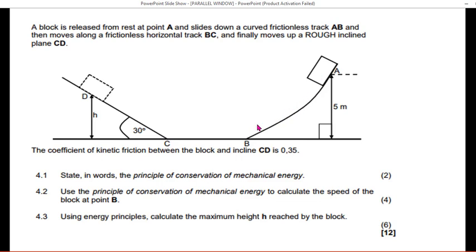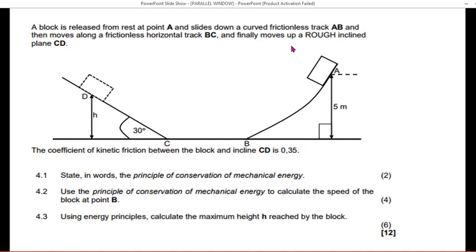Hence, here mechanical energy is conserved, and that is why it's appropriate to use the principle of conservation of mechanical energy. But what about point C to D? They say that it moves up C to D, and then we are given the coefficient of kinetic friction, which is 0.35.